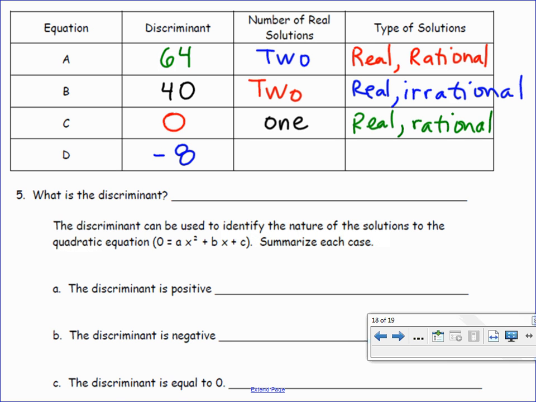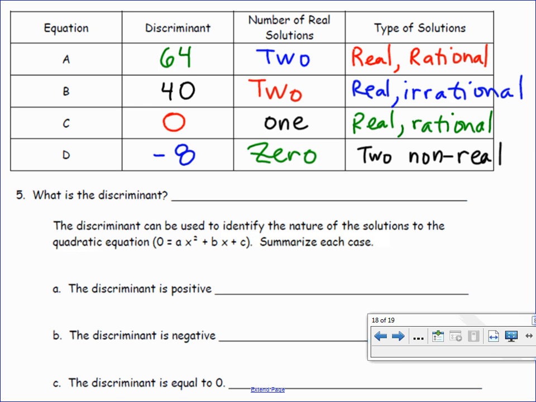So there were 0 real solutions. However, there were still 2 solutions, it's just they were non-real. We can tell that because of our negative discriminant and because of the i in our final simplified x values.